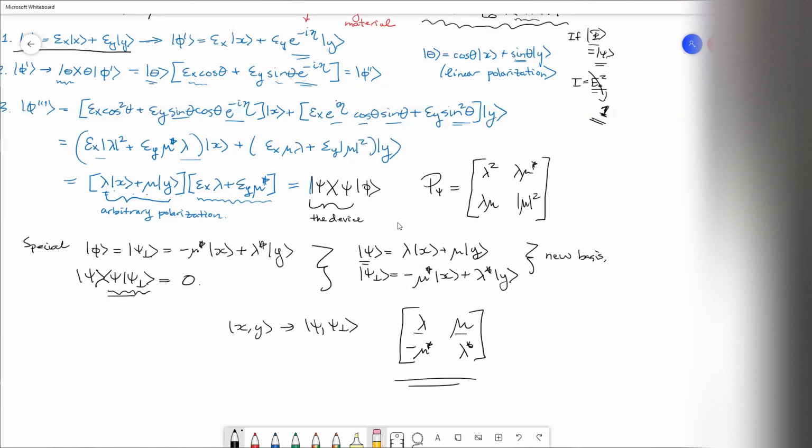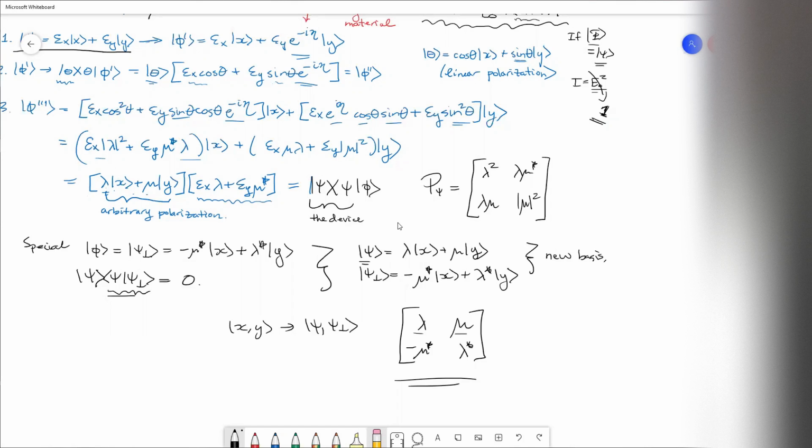Why is that? Because it has to preserve the norm of the space. Yes, that's right. It preserves the norm. It transforms from one basis to another.